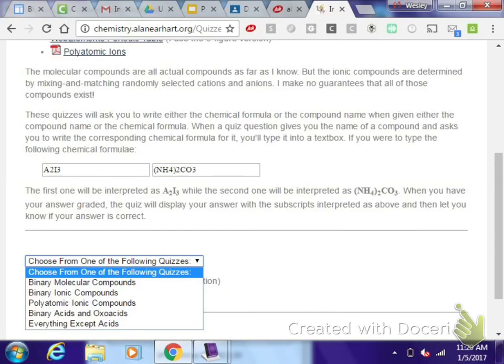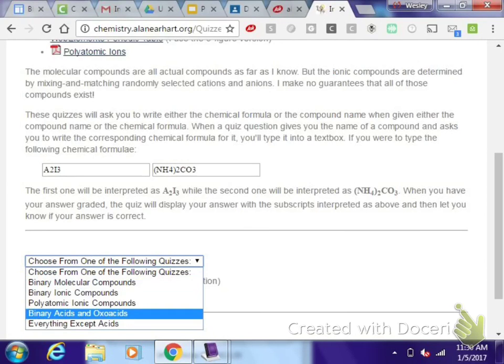Polyatomic compounds and acids we'll do next week. And then they'll give you everything excluding acids on the last one. So they'll just mix them all up. I wish they would do all of them, including acids, but they don't. And you get to practice them. When you have to take that overall quiz over everything, that's the one you click to practice all of them.